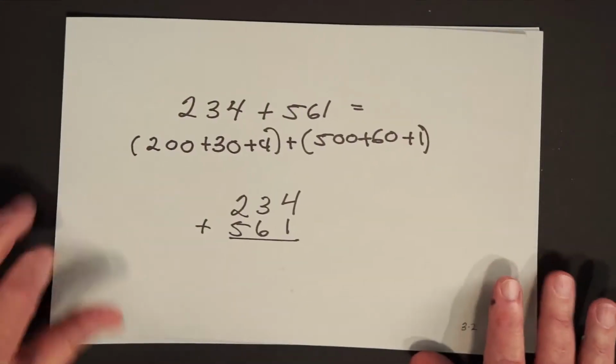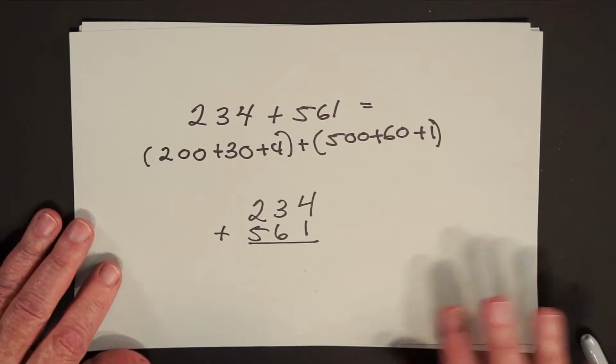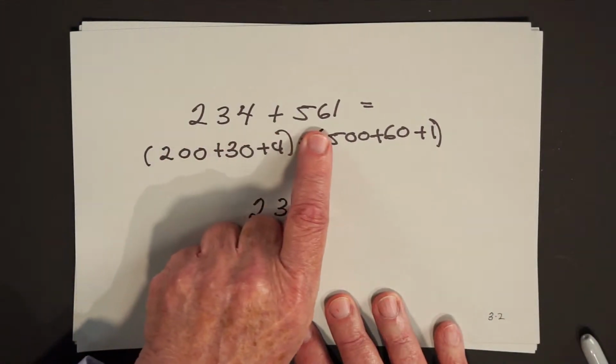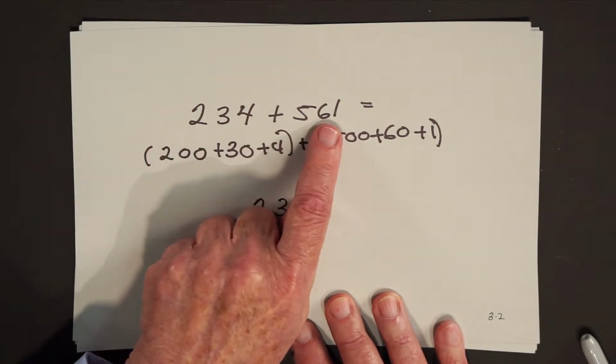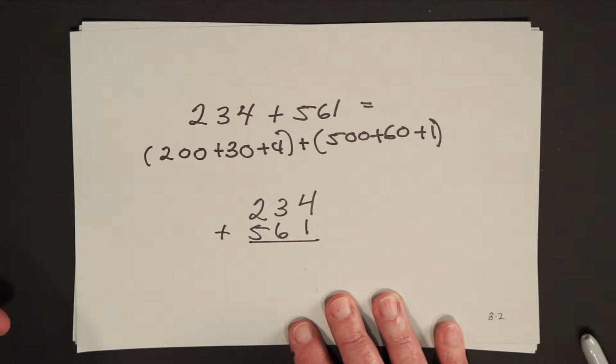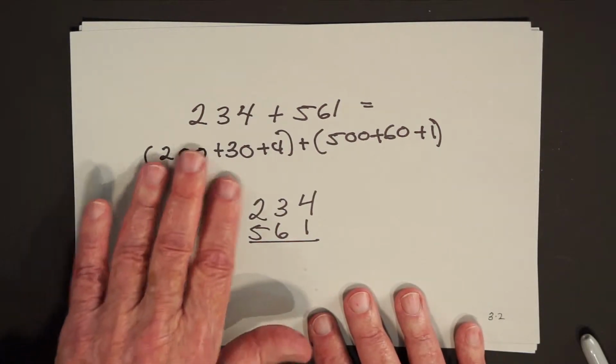Let me show you an example. Say you're called upon to add 234 plus 561. If we were teaching this course to youngsters, we wouldn't be using place value and the like, but since this is a course for you, I can assume you already know place value and arithmetic.